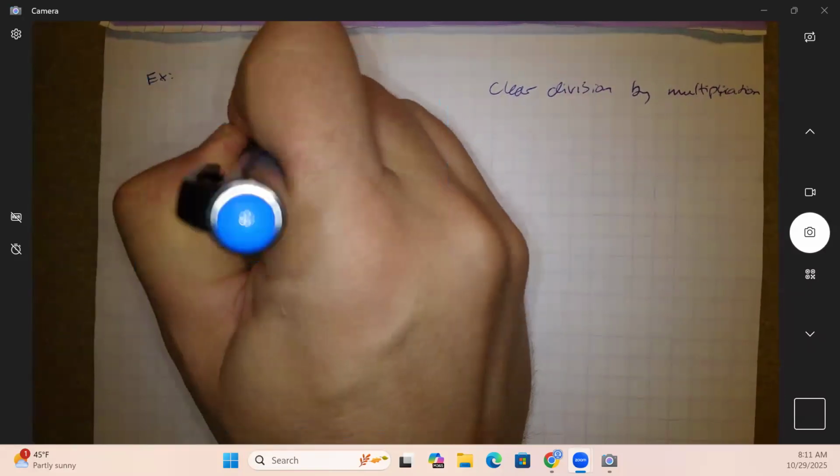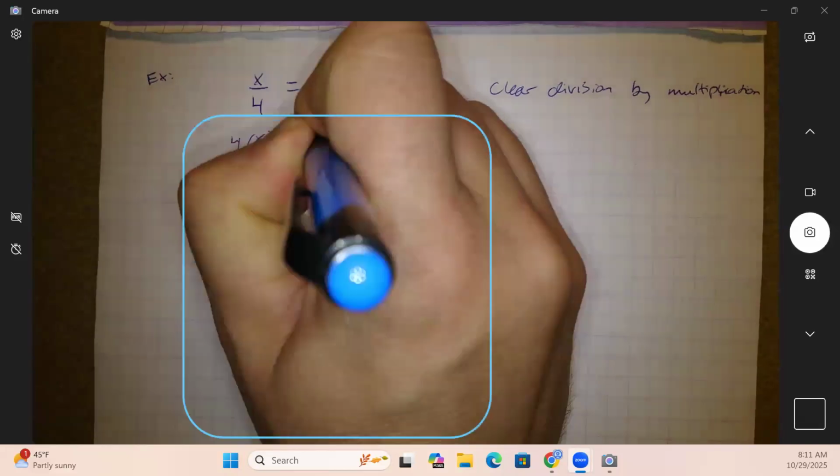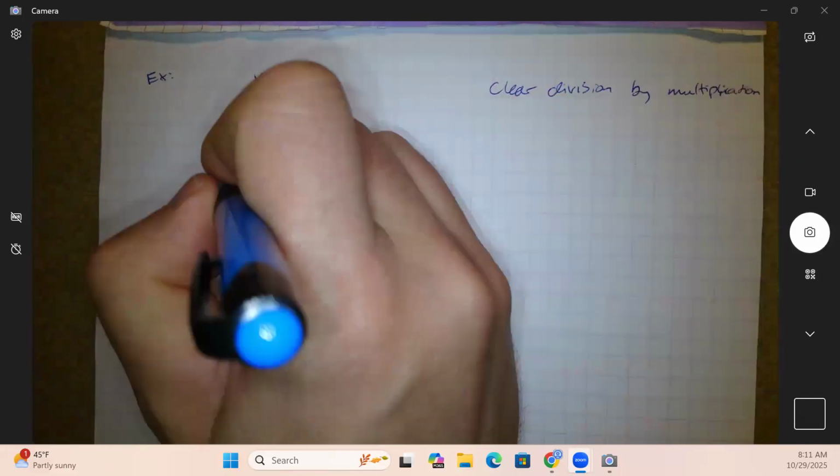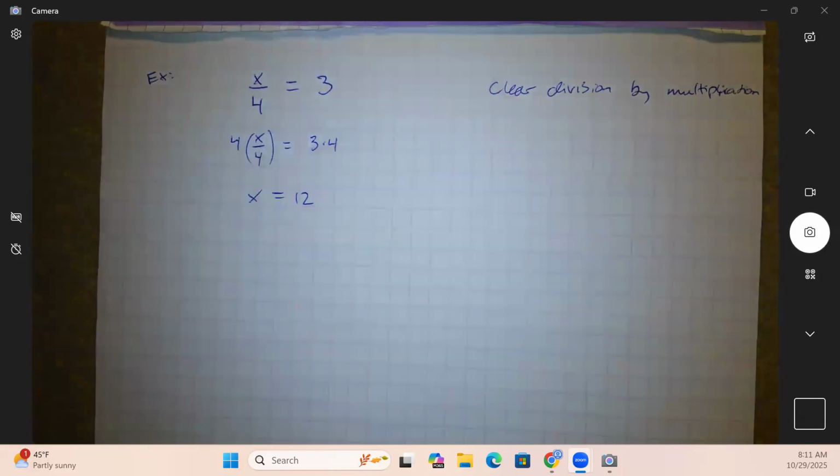So I'm going to multiply both sides by 4, and I get x equals 12. So these are the one-step solving equations.